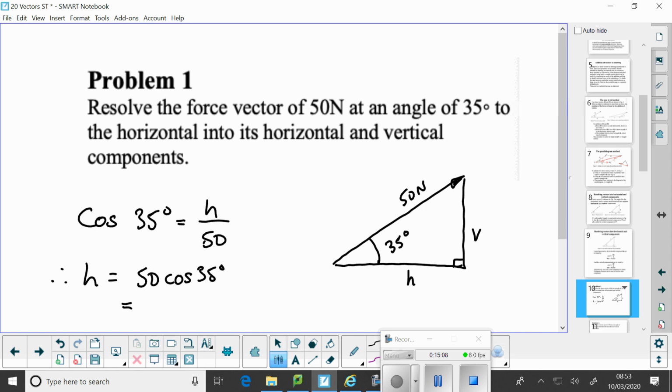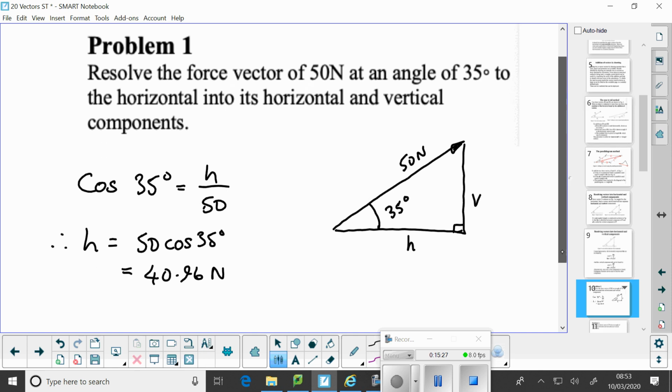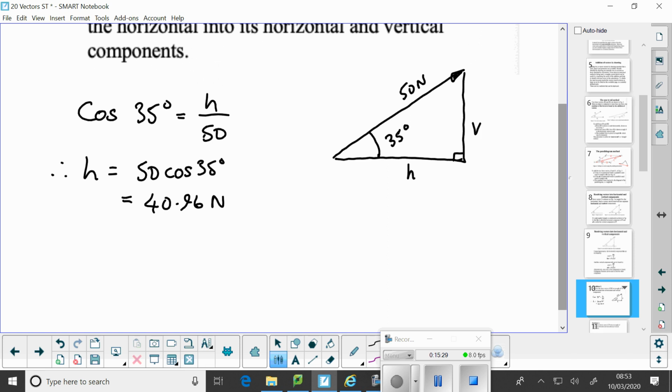The answer is, yep. And the vertical component, sine.